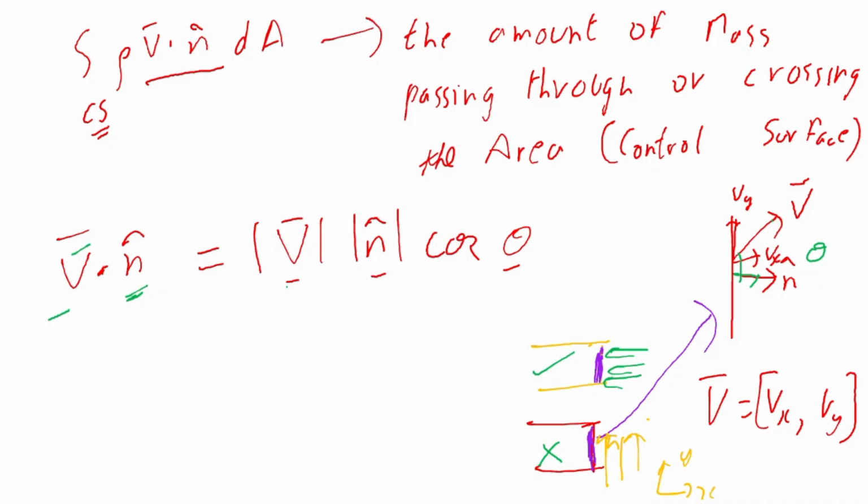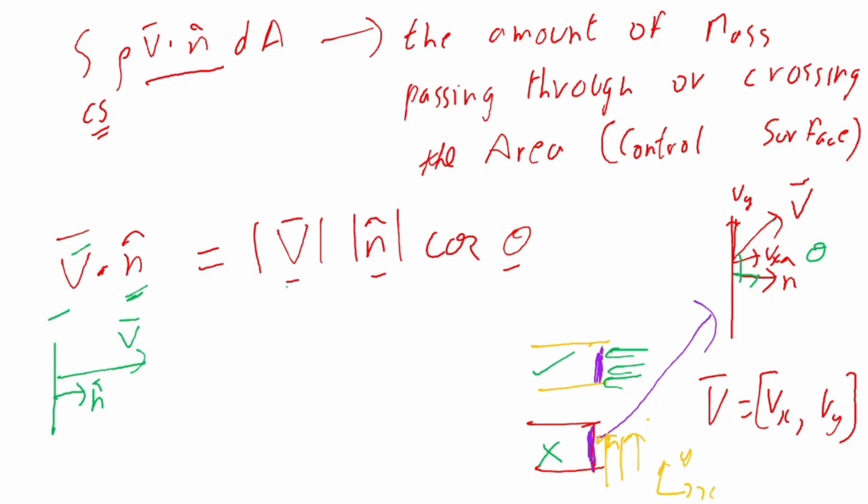So let's say we had velocity going in the same direction as the normal to the surface. The magnitude of n is 1, and then you have the magnitude of v. What is v dot n, which is |v||n| cosine theta?